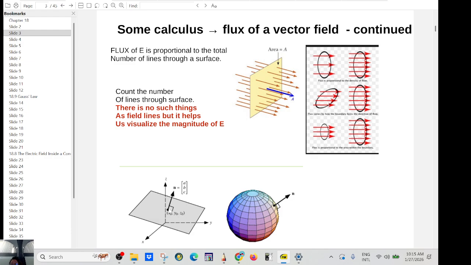This is called the normal vector, and it's perpendicular to the surface, and the magnitude is 1. This doesn't have to be necessarily positive, it can also be negative. It's not an absolute value. So the flux is a scalar, but it could be negative.